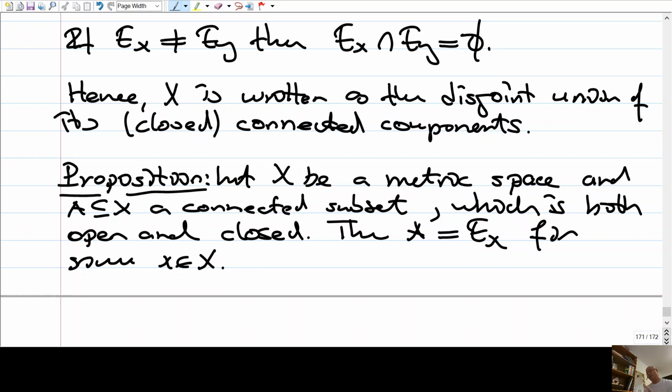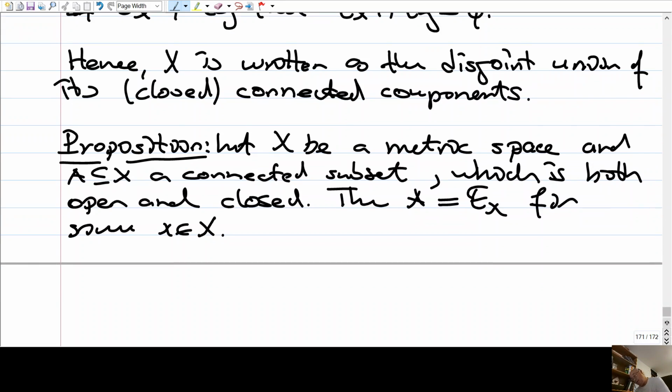If A is a connected subset which is both open and closed, then it is one of these connected components. Why is that?